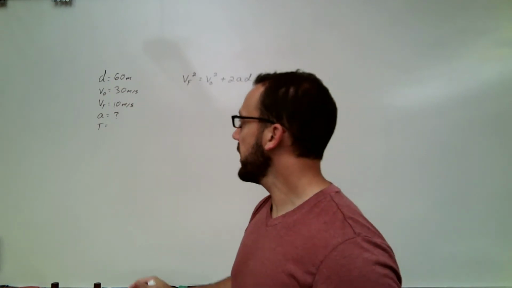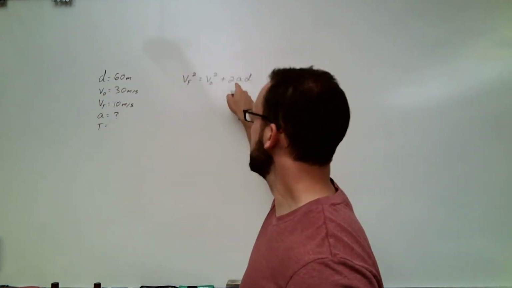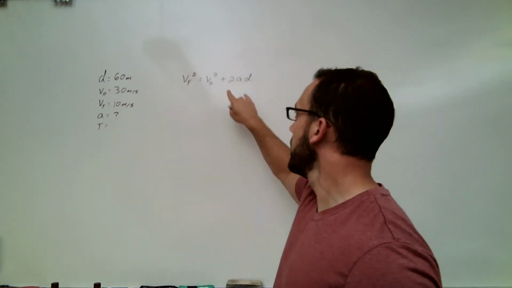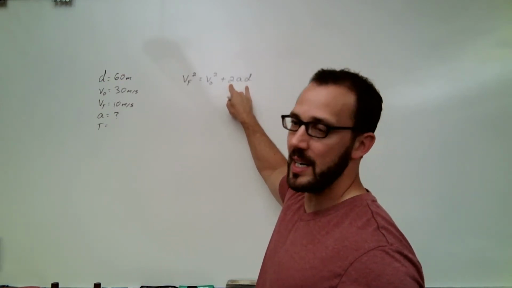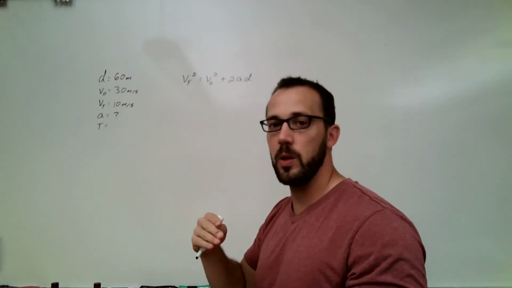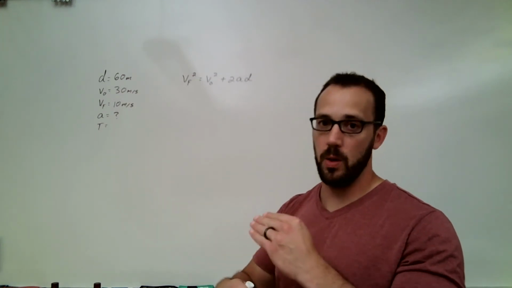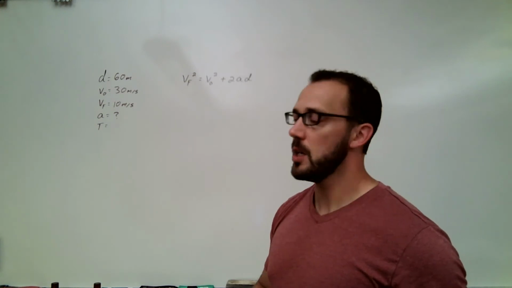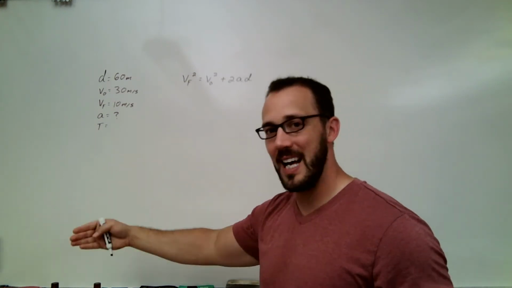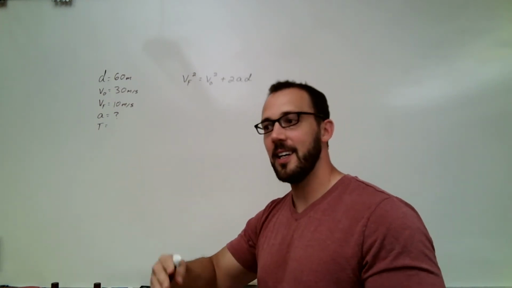Now I need to rearrange my equation to solve for acceleration because you see it's way over here. So a lot of people want to do the 2 and the D first. They want to divide that. Don't do that. Remember, when you're doing order of operations backwards for algebra stuff, that's how you rearrange an equation. So when you do your please excuse my dear Aunt Sally is what you're going to start with.